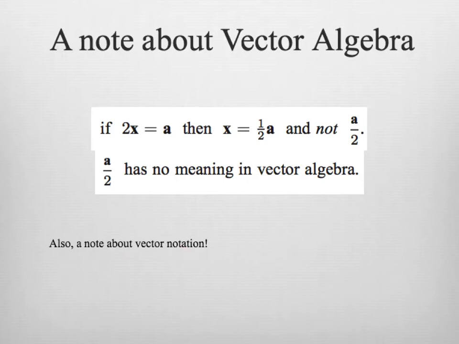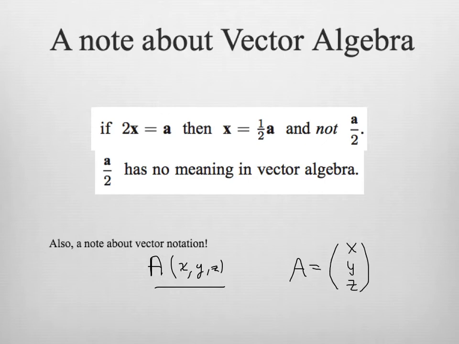Also, a note about vector notation. Some of the other students make this mistake a lot. If I have a point, let's call it x, y, z, this is the notation that we use for a point, and this is very different from this.